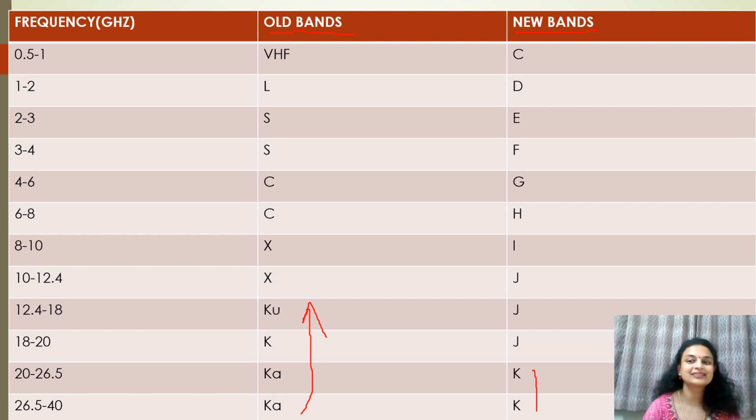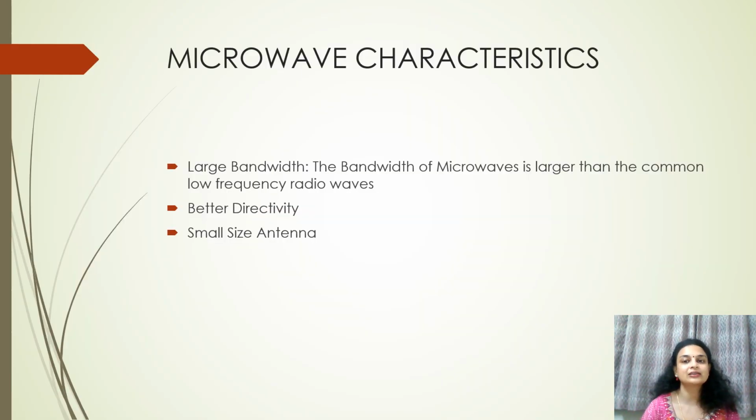Let's move to the next. The characteristics. What's so special about these characteristics? Microwave has a shorter wavelength. If it is a shorter wavelength, the penetrating depth is going to be very efficient. When we have very high frequencies, the wavelength becomes shorter. As a result, it is possible for us to employ a smaller size antenna because we have better directivity.